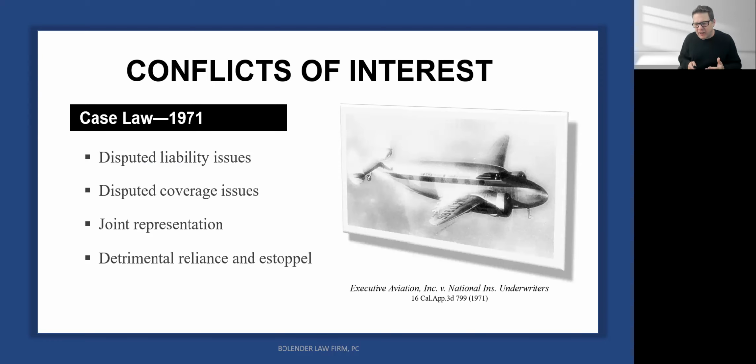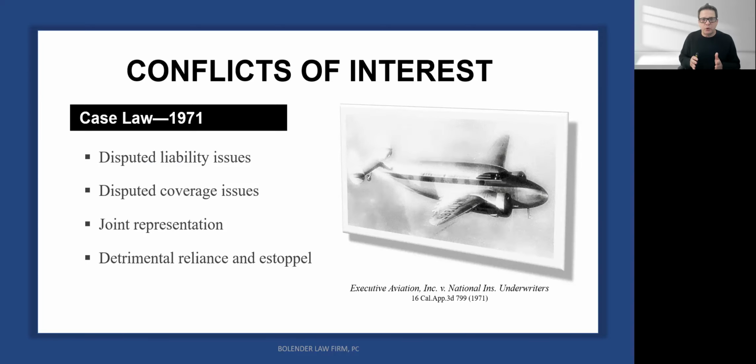In the Executive Aviation case, a mysterious plane crash took place and litigation ensued. An issue arose in the litigation concerning which standard of care would apply in the case. And that liability issue hinged on a factual issue in the case.